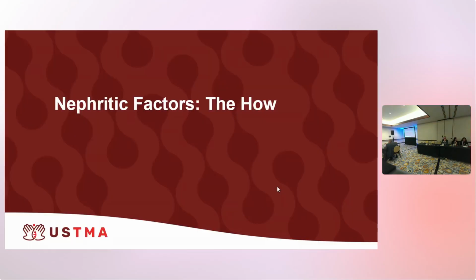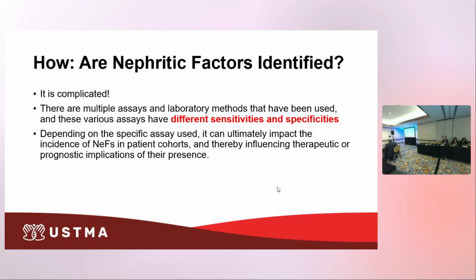Why does it matter? In the next few slides, I'm going to talk about the different methodologies of nephritic factor testing, and this is where it gets really complex and sticky, so bear with me. So how are nephritic factors identified? It's complicated. There are multiple assays, multiple laboratory methodologies that have been used historically and recently. The catch is that these various assays have different sensitivities and specificities.